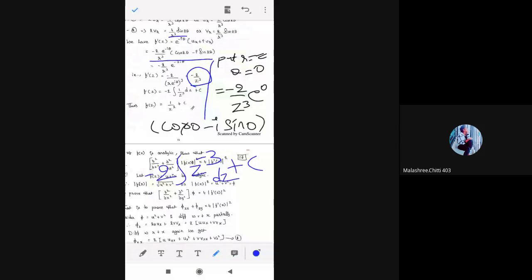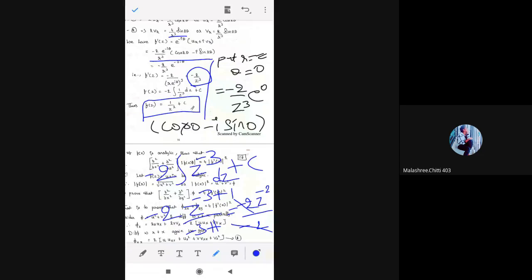So minus 2 into the integration of z power minus 3 is z power minus 3 plus 1 divided by minus 3 plus 1, correct? So minus 2 into z power minus 2 divided by minus 2. The minus 2 gets cancelled to give z power minus 2. When you send it to the denominator, we get 1 by z square plus c as the answer.